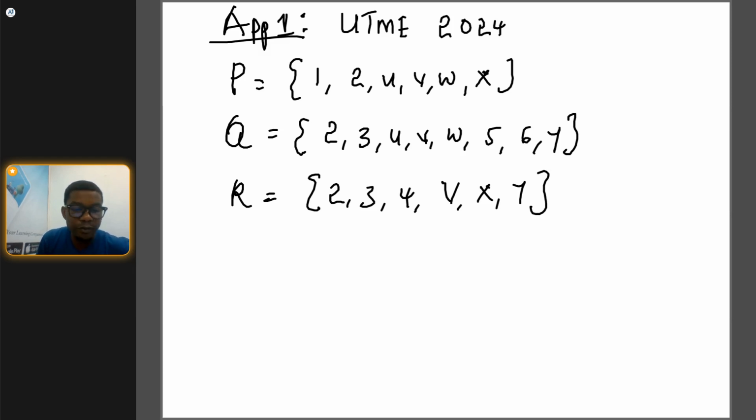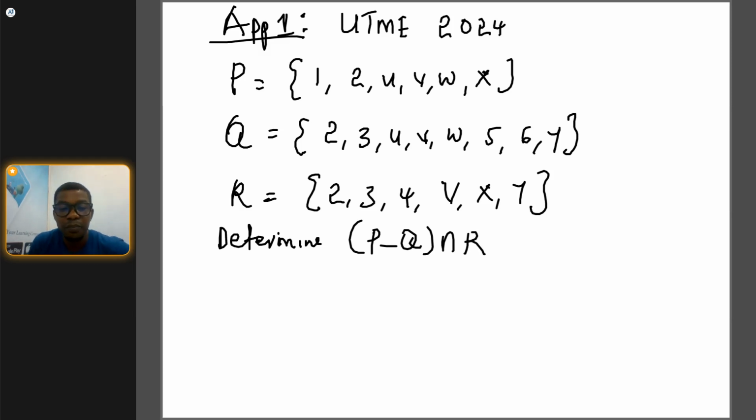And what we are asked to evaluate is to determine P minus Q intersection R. P minus Q intersection R. Okay, so we are going to solve this together.